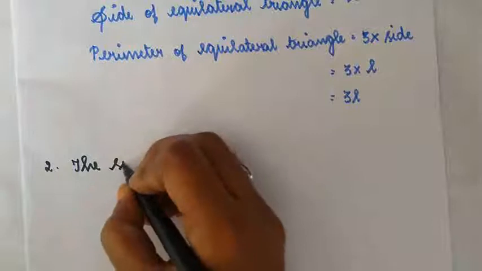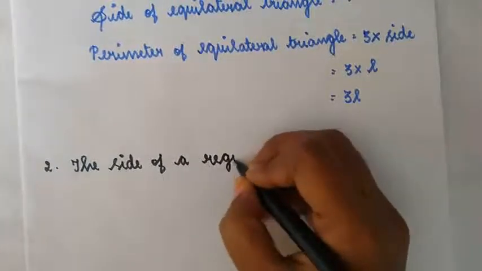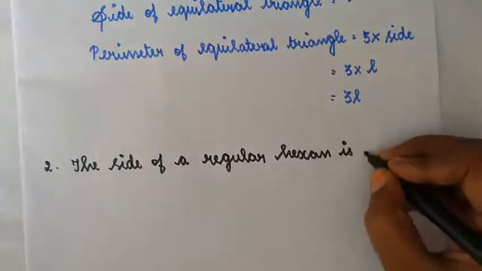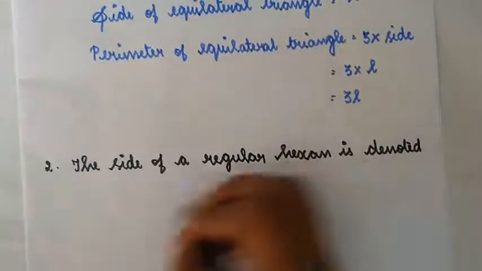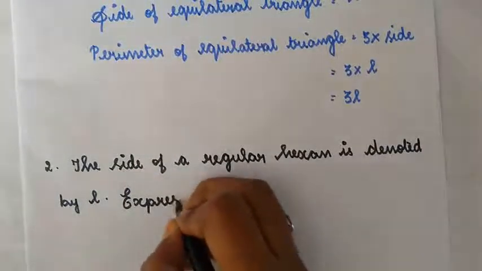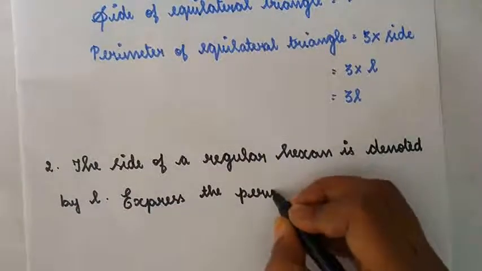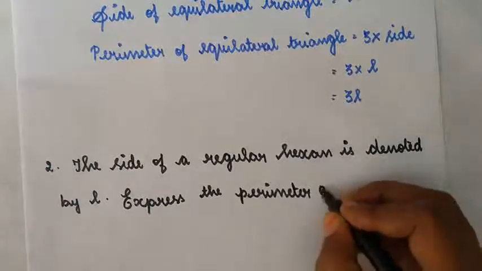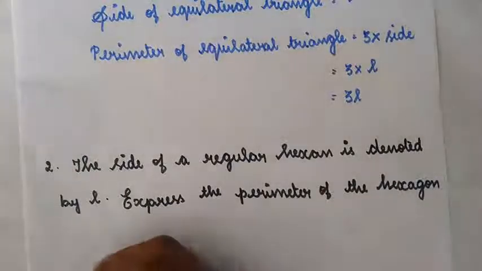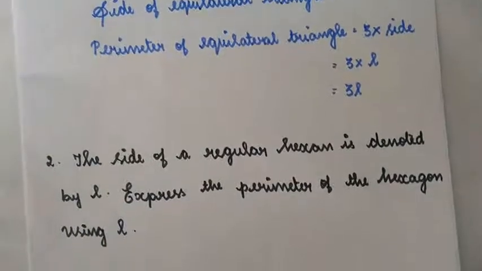The side of a regular hexagon is denoted by L. Express the perimeter of the hexagon using L. This is also the same model.